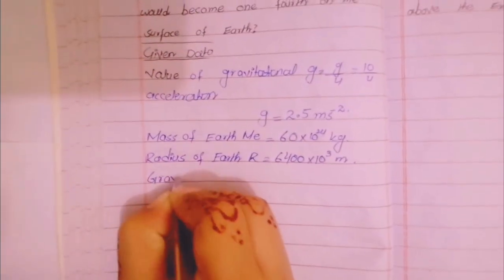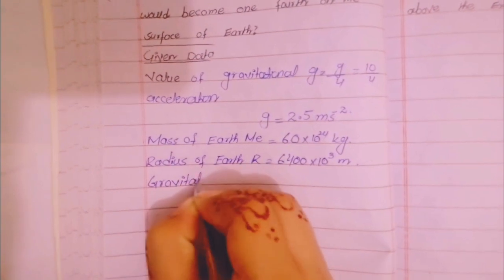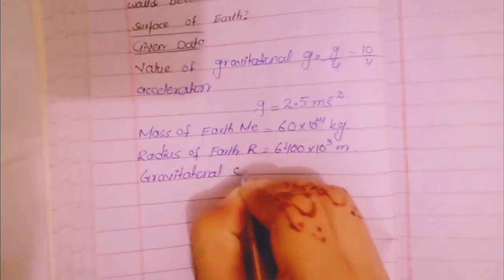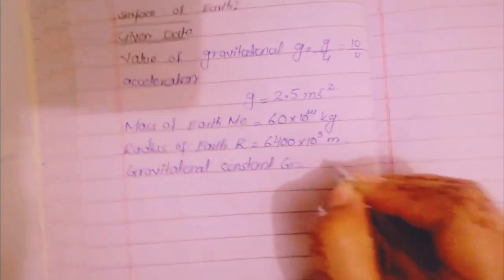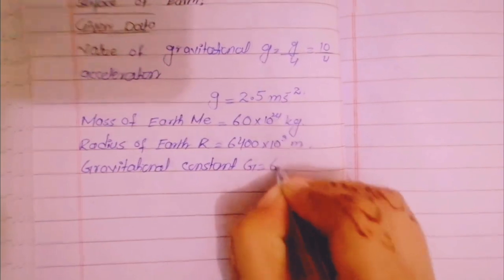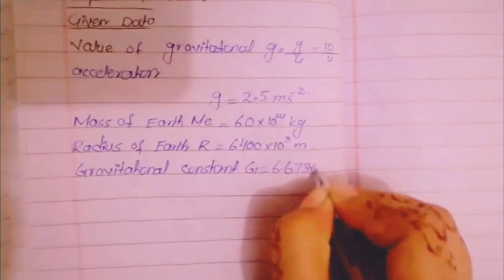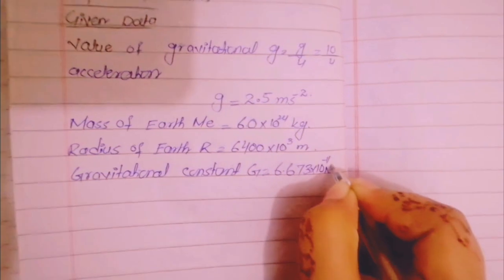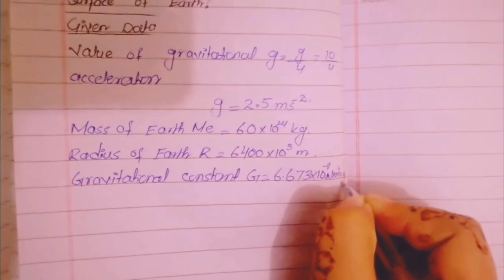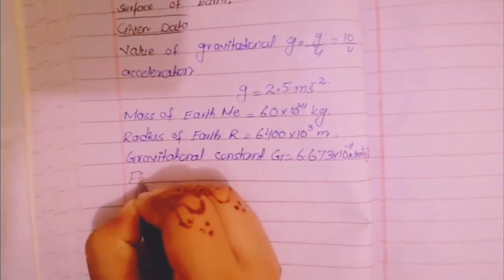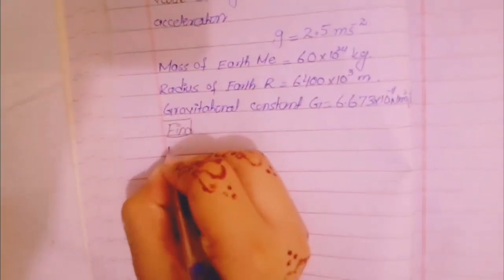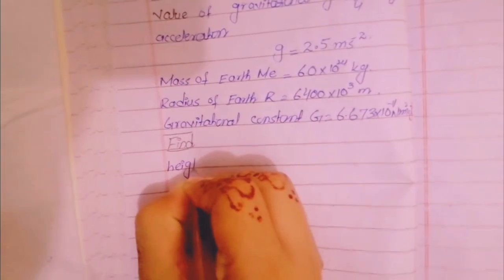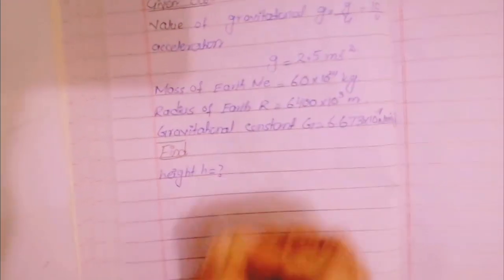Gravitational constant capital G is equal to 6.673 multiplied by 10 raised to power minus 11 Newton meter square per kilogram square. We have to find the height, the altitude.